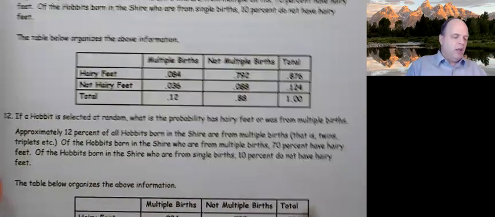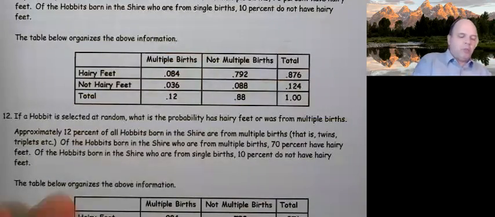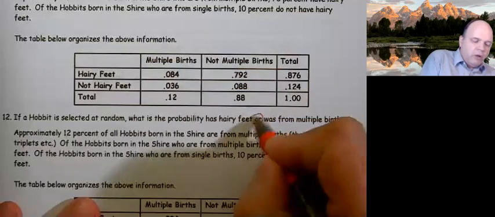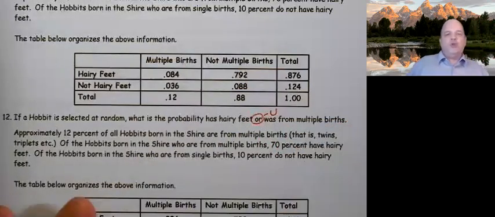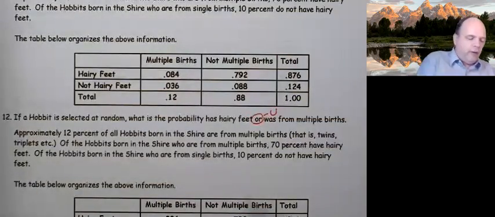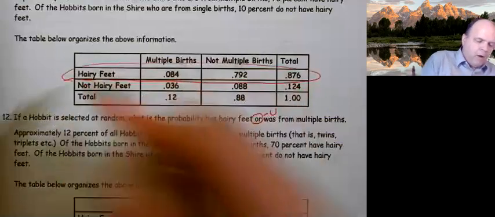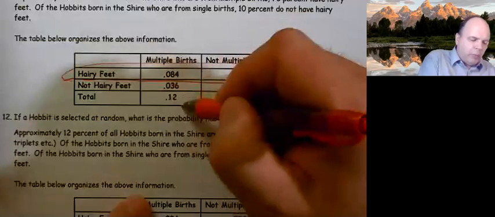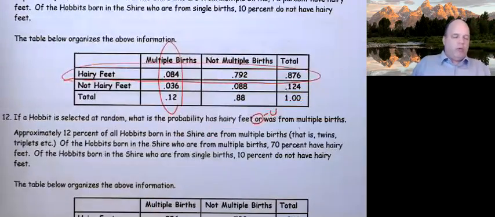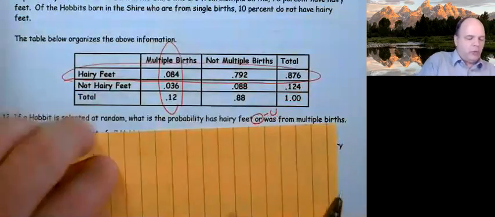So the question: if a hobbit is selected at random, what's the probability he has hairy feet or was from multiple births? This right here tells me I'm looking at a union. Be really careful. What we care about in this problem is the probability he has hairy feet or was from multiple births. I see the or, so this is the general addition rule.